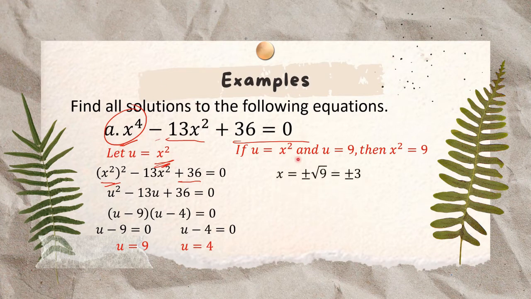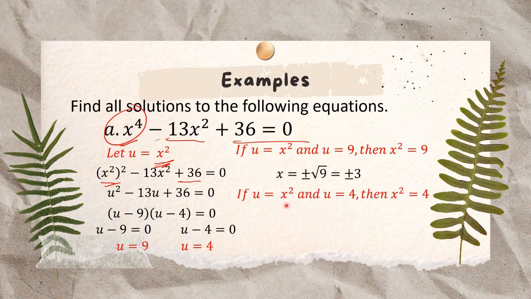If u is equal to x squared and u is equal to 9, then x squared is equal to 9. Since x squared siya, we're going to take the positive negative square root of 9. And square root of 9 is 3. Therefore, the values of x here are positive, negative 3.